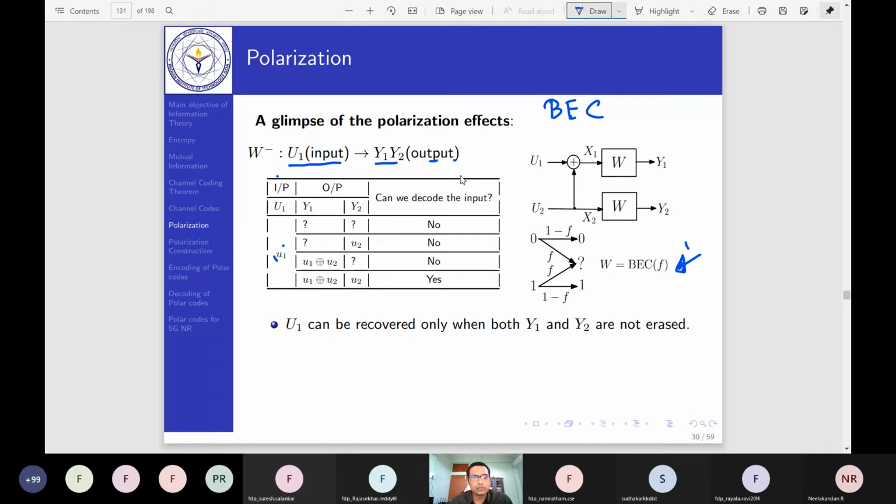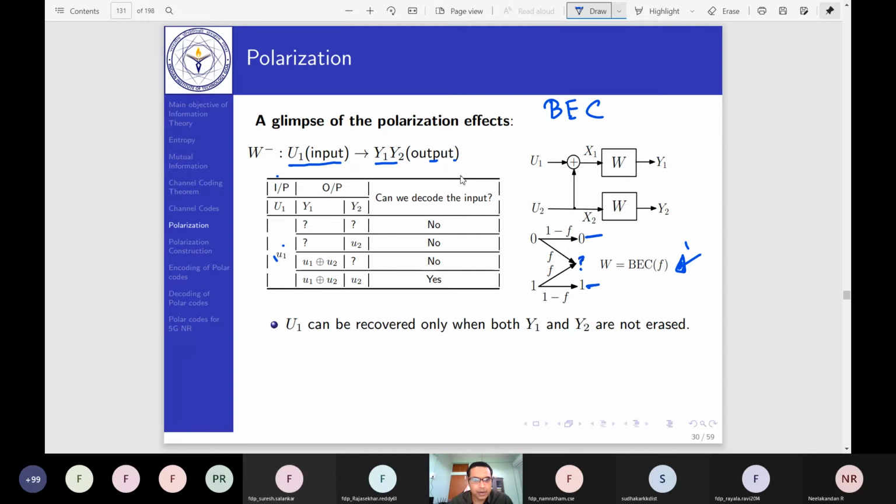If Y1 and Y2 are both erased, then you cannot decode the input. Note that for BEC, as I said earlier, if you receive 0, the bit transmitted was 0 only. If you receive 1, the bit transmitted was 1 only. The problem arises only when we receive the erasure symbol.